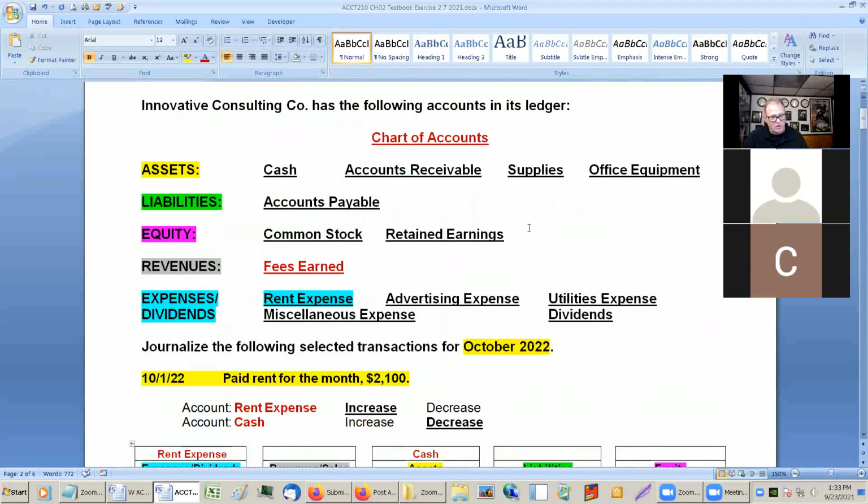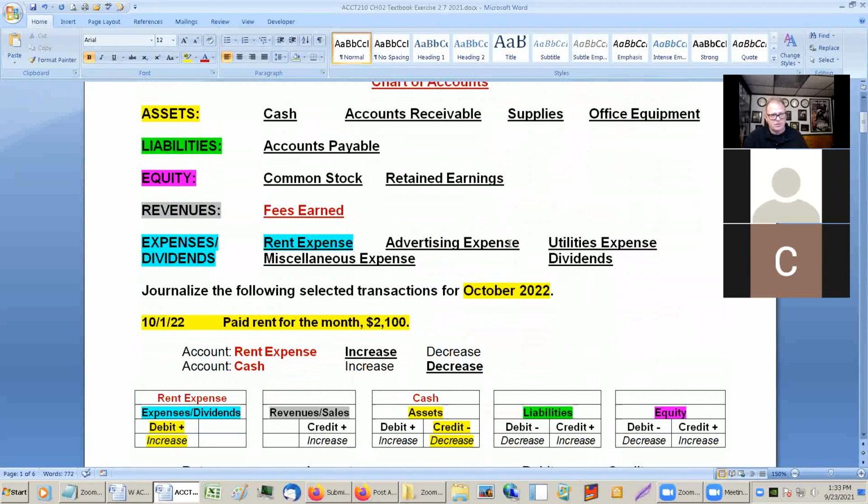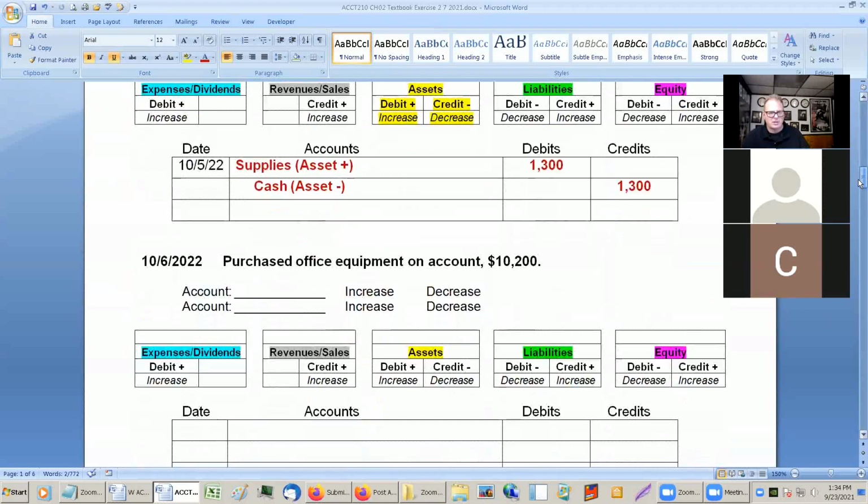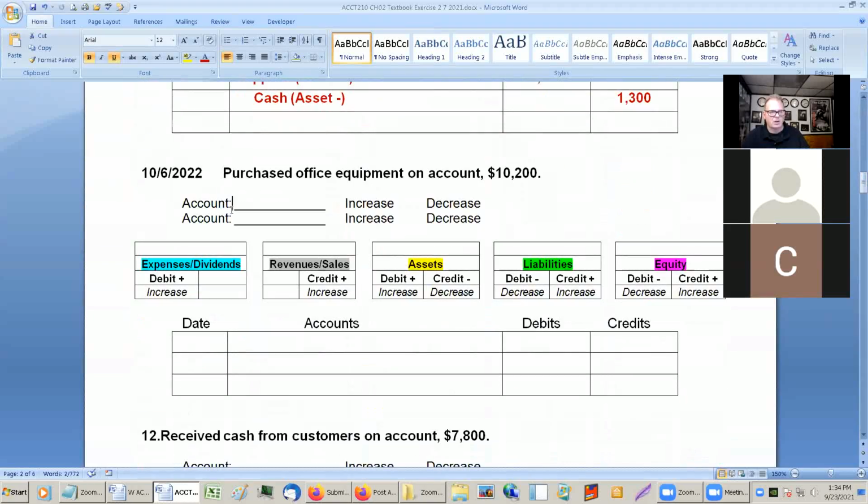So it is equipment. We're going to use office equipment just because that's what is in the chart of accounts. And if this was a computerized system, that would be the only account available. So we're going to go ahead and use the office equipment.